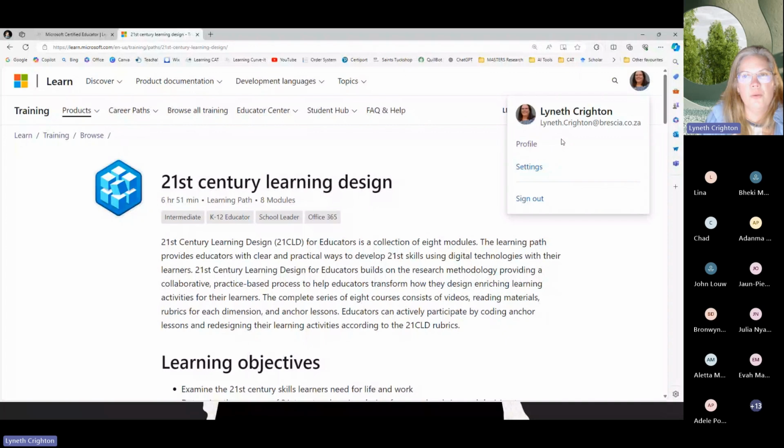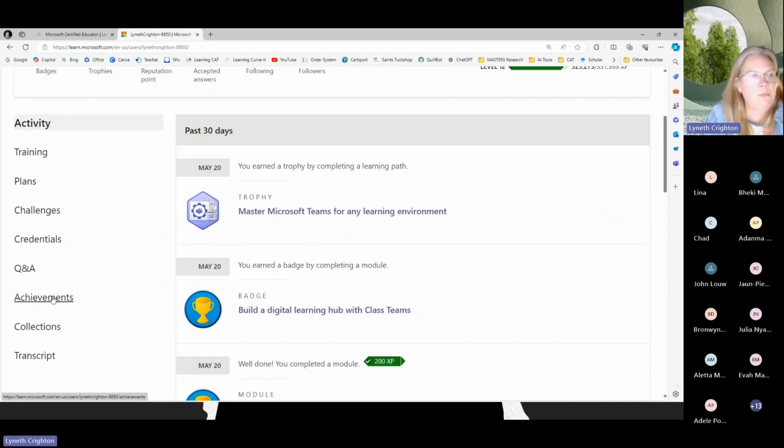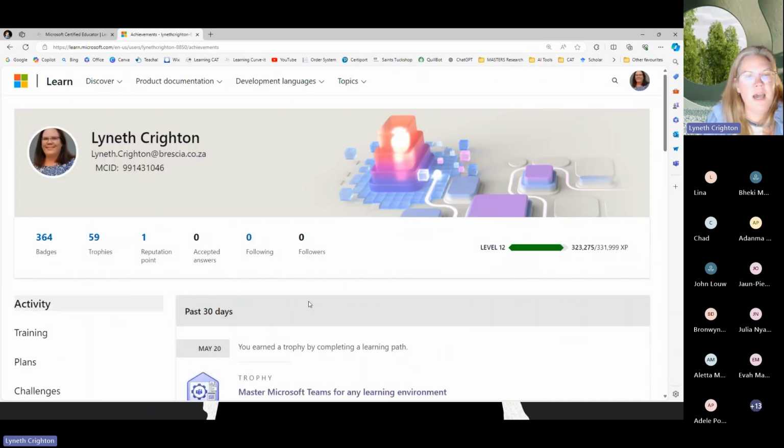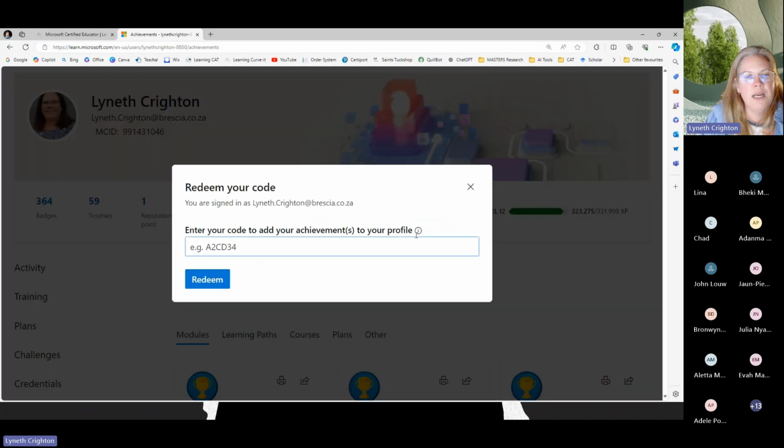And then you go to your profile, which would be your icon of initials or image. Click on profile, go to achievements, and then at the top here, it says redeem your code now. When you click on it, there's a place to type in the code.